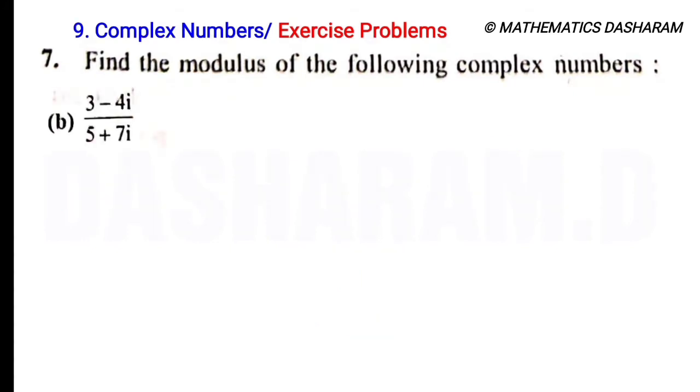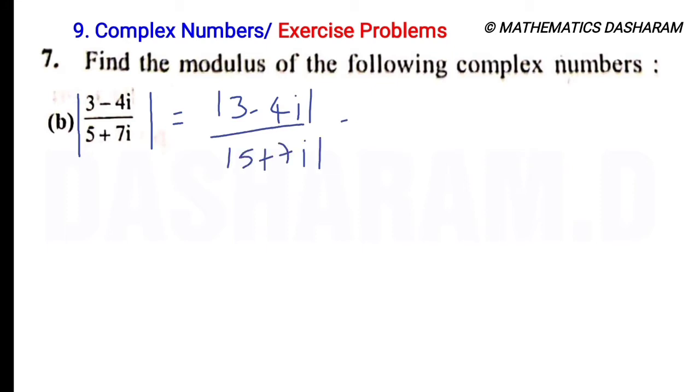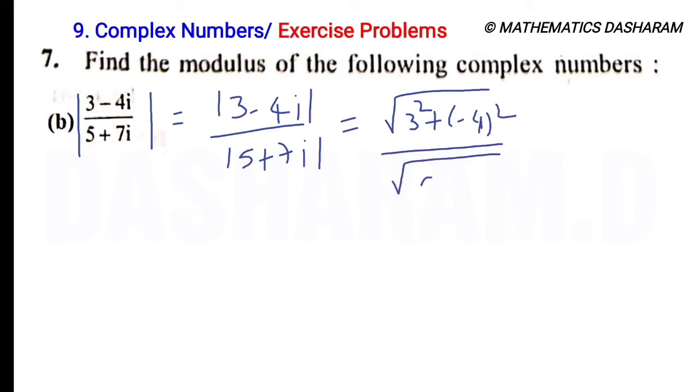B question, 3 minus 4i divided by 5 plus 7i. Apply the mod symbol for this question; the mod symbol can be applied for numerator and denominator separately. So mod 5 plus 7i is equal to under root x square plus y square. That is 3 square plus minus 4 whole square divided by the same, 5 square plus 7 square.